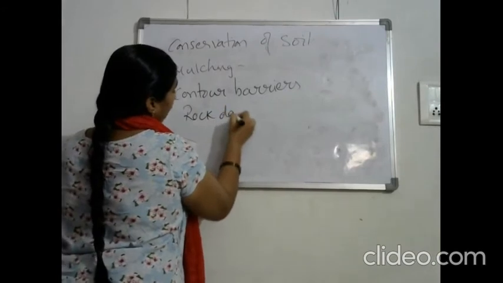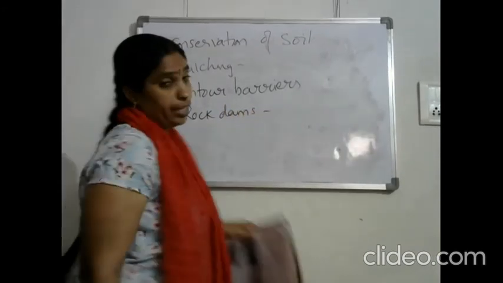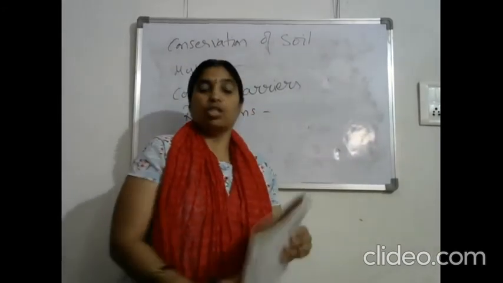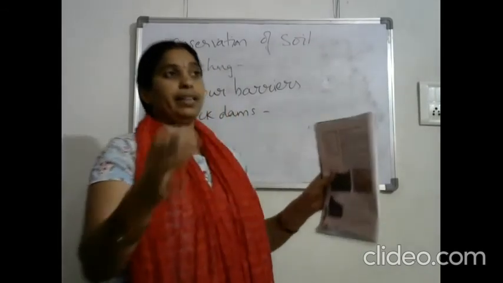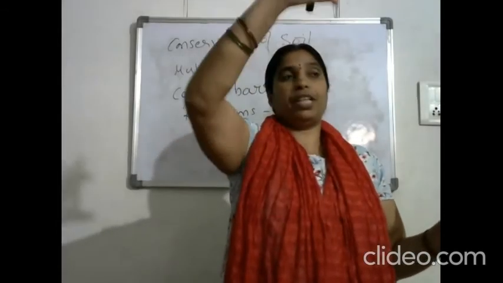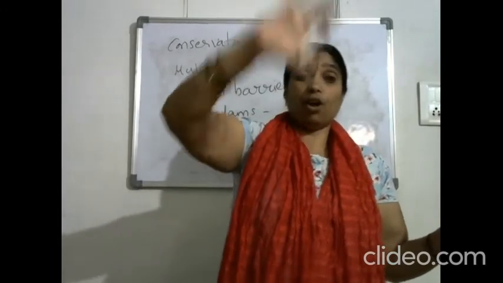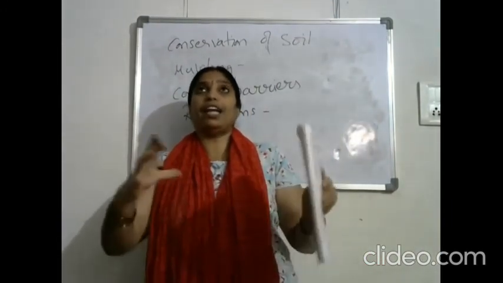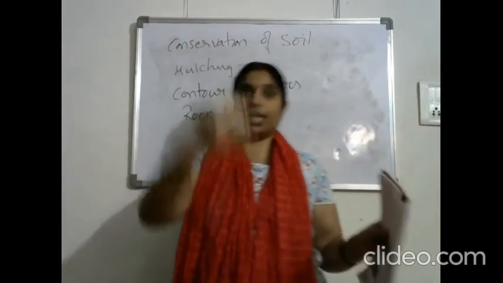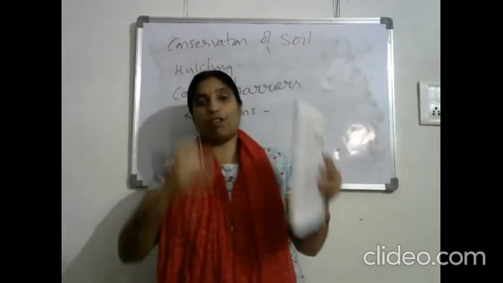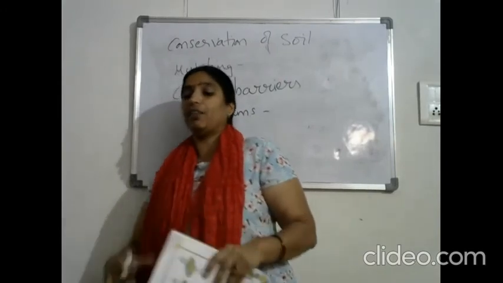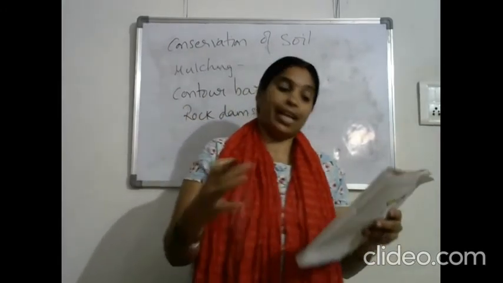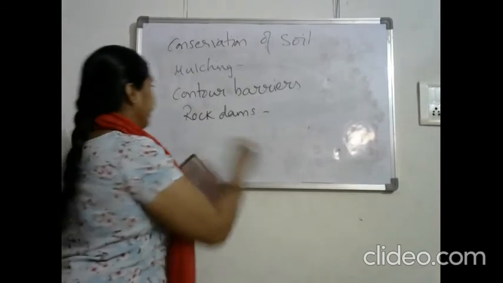Then rock dams. Rock dams are usually constructed near low-lying areas. These dams are constructed with layers of rocks, so that the rainwater or the river water will not be allowed to wash the soil, and the topsoil will not get washed away. Then terrace farming.